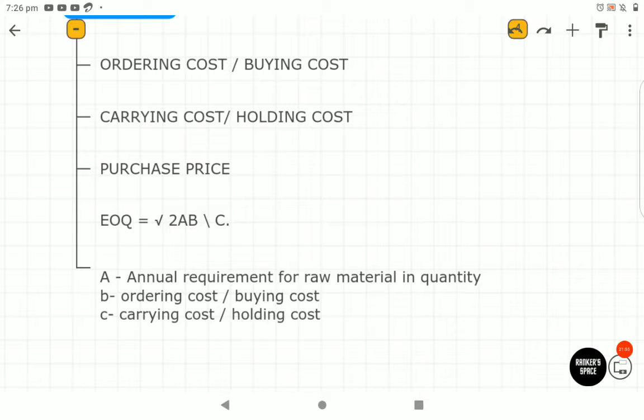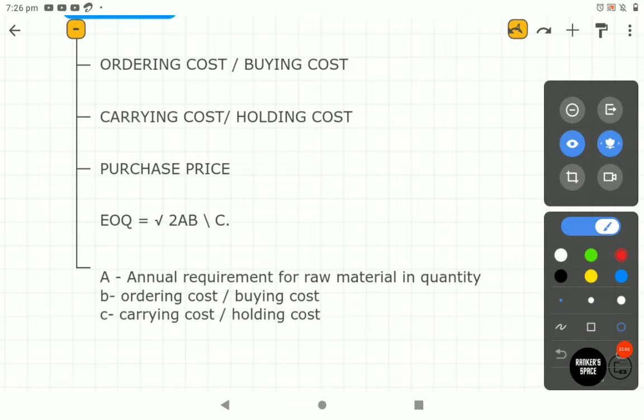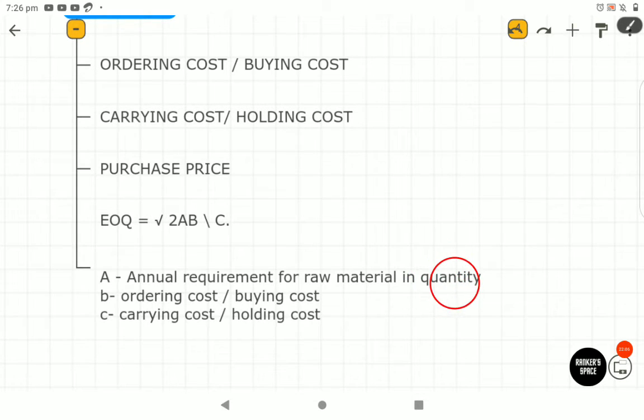So what does A indicate? A indicates annual requirement for raw material in quantity. In quantity, very very important, that you should remember. Then in the case of buying cost or ordering cost, you have to take the buying cost or ordering cost per order.